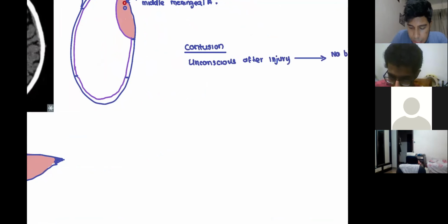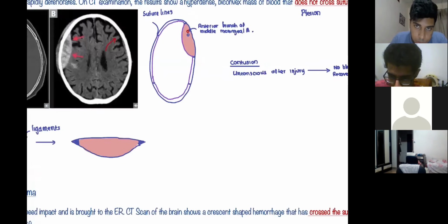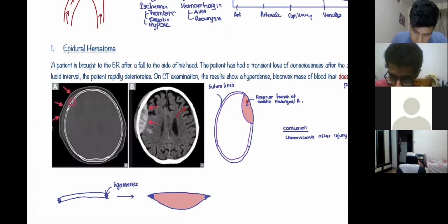In contusion, there's no bleeding, and they recover rapidly. This is how you diagnose these patients. If you get a case, you need to know how to diagnose these patients.